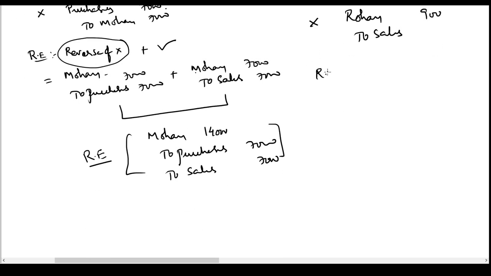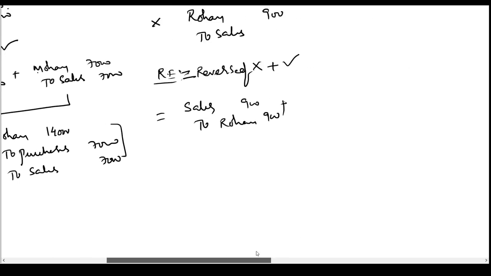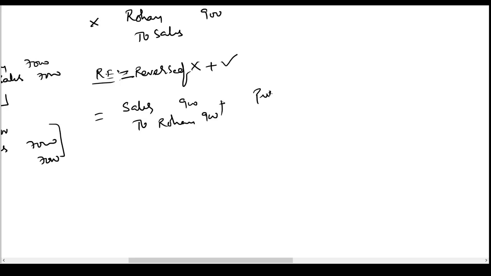So now the rectification entry would be: reverse of wrong would be sales to Rohan 900. Correct entry would be purchases to Rohan.